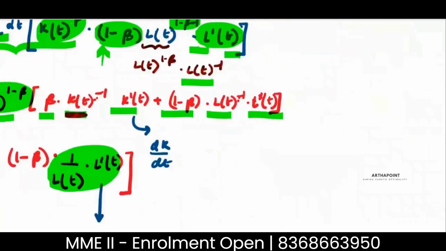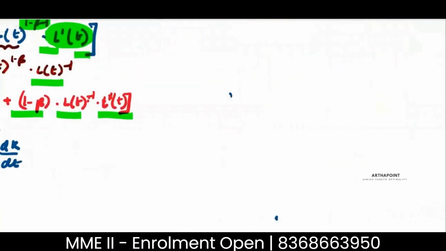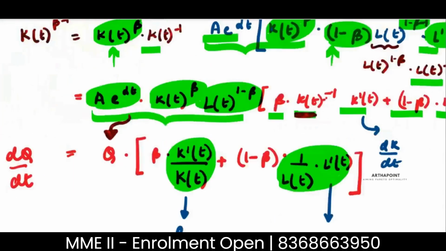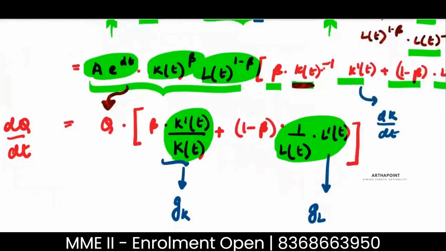Now, we have in economics something which is known as growth of a variable. And growth of any variable is basically 1 by that variable into how that variable changes over time. So if you will notice, this becomes the growth of capital. This becomes the growth of labor.